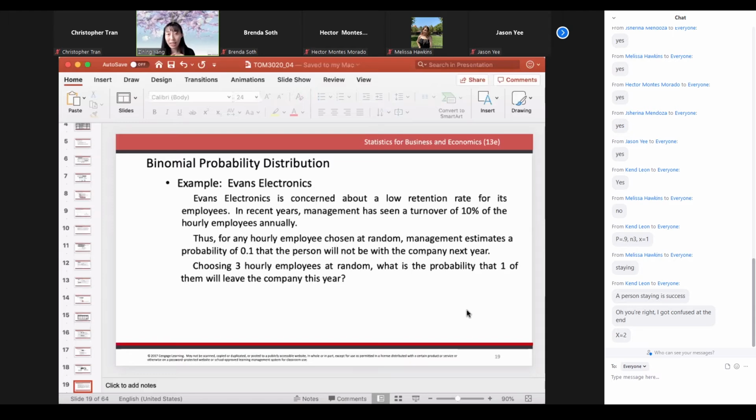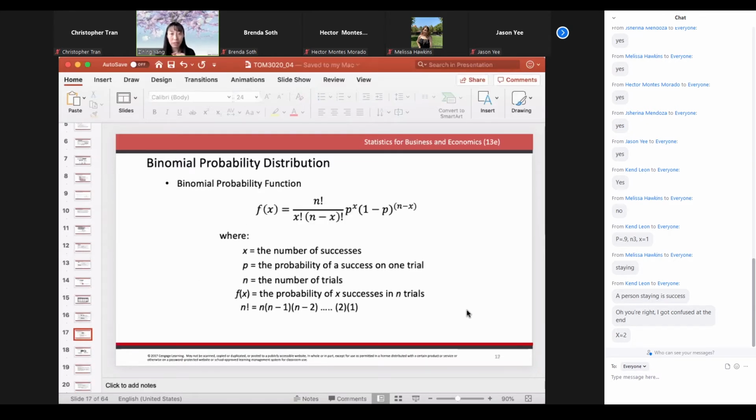And in that case, how do we plug in? We would have 3 factorial divided by 2 factorial multiplied by 3 minus 2, which would be 1 factorial, right? So your denominator will be 2 factorial times 1 factorial.